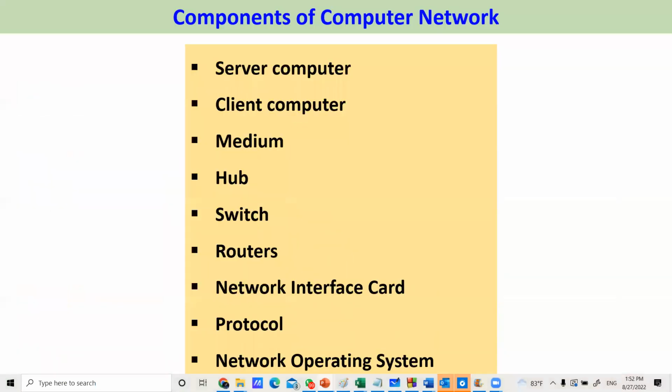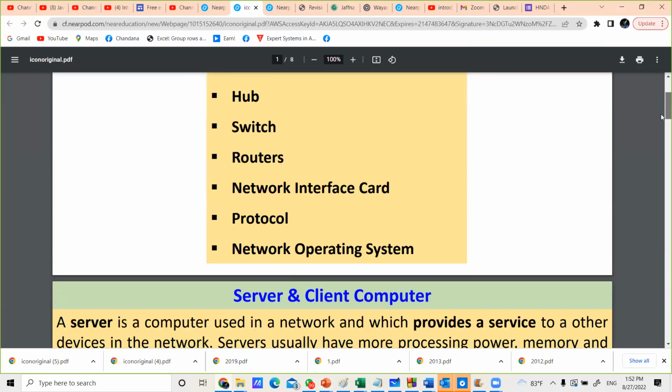Here there are more than 5 components: server computer, client computer, medium, hub, switch, routers, network interface card, protocol, and network operating system. These are the things we are going to discuss in this session.